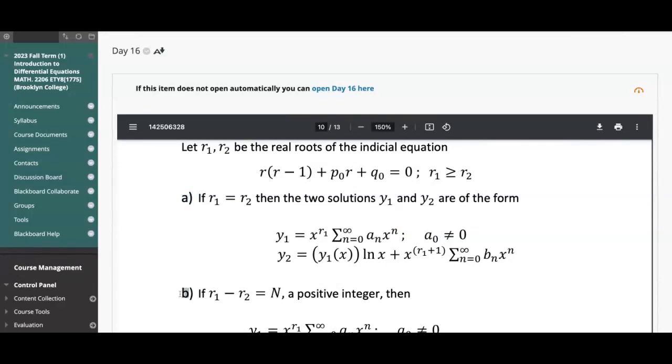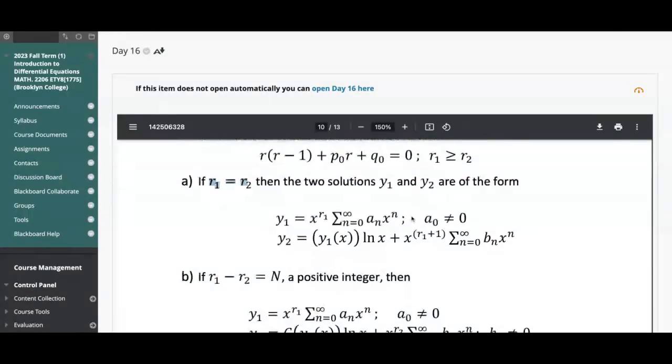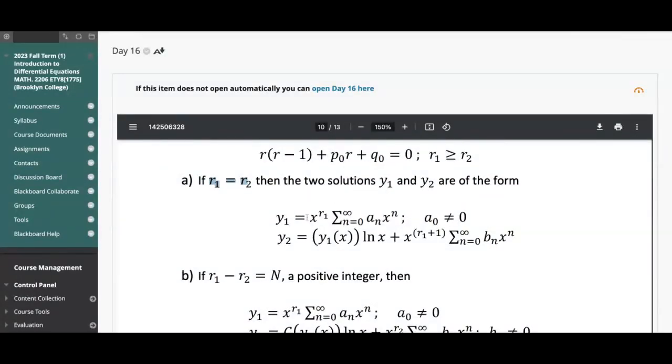So the first case is the two solutions are the same, which means we get a perfect square. Then we have two solutions. Y1 is this, x raised to R1, or we can think of it as x raised to n plus the root.